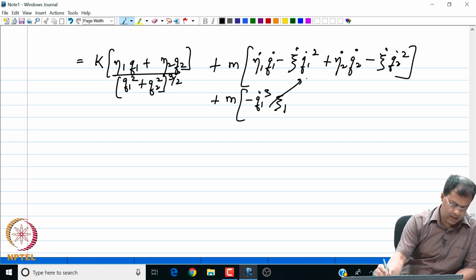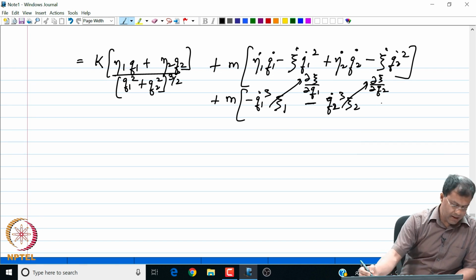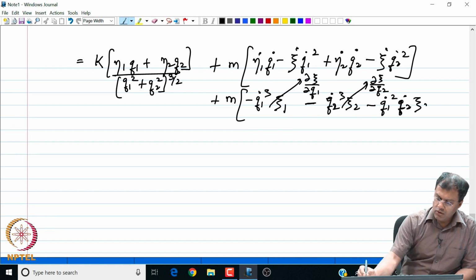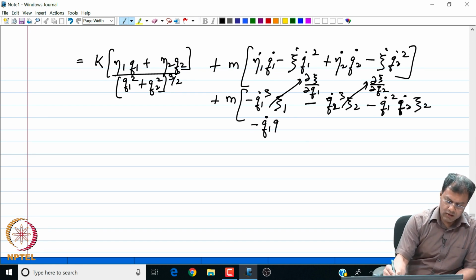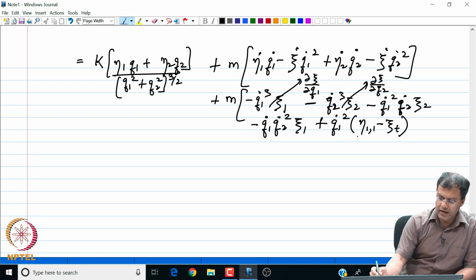Here xi 1 is the derivative of xi with respect to q1. Minus the next term, q1 q2 dot cube xi 2, where xi 2 is the derivative with respect to the variable q2, minus q1 dot square q2 dot xi 2, minus q1 dot q2 dot square xi 1, plus q1 dot square (eta 1 1 minus xi t), where eta 1 1 is the derivative of eta 1 with respect to q1.